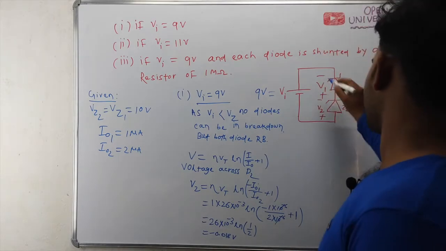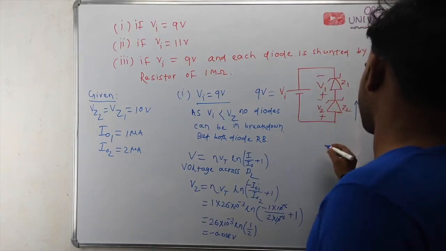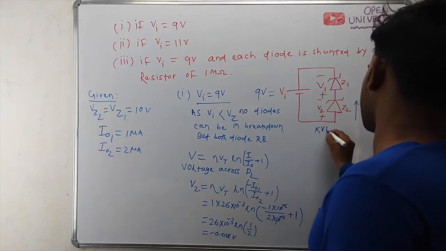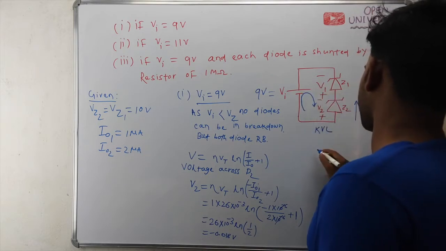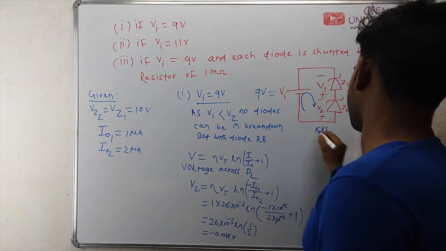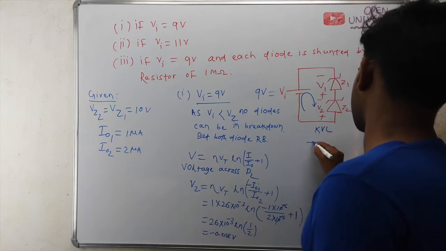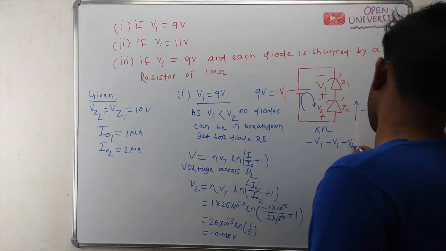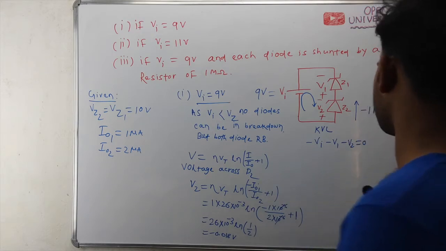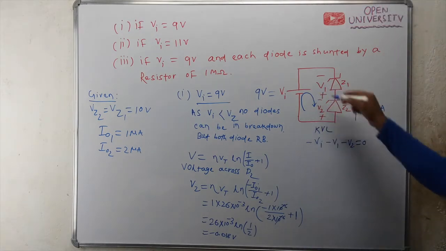To find the voltage across V1, you can apply KVL in this loop.